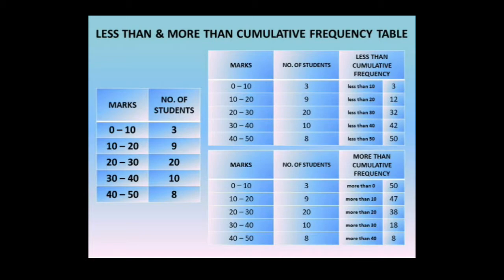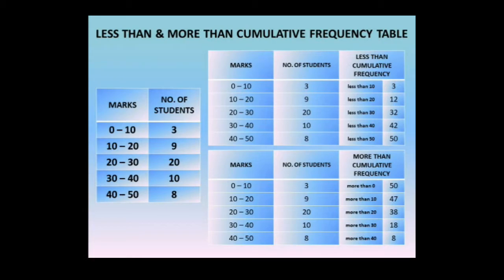So less than 40, we have 42 students. Now next, when we consider less than 50, it is going to be all the students of the class. So it is 50 students. That is 3 plus 9 plus 20 plus 10 plus 8. That is 50. So less than 50, we have 50. So now we have completed the less than cumulative frequency table.